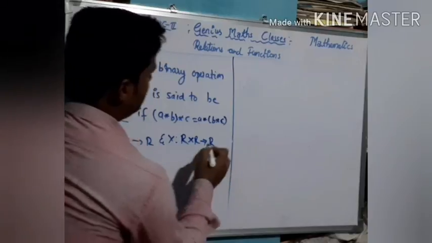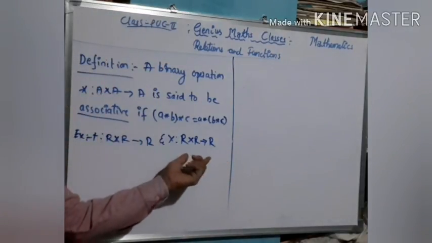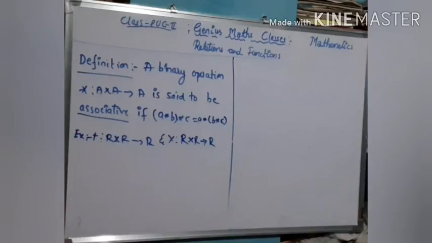Again it will give the associative operation R cross R to R, and here R cross R to R: addition and multiplication. Why?